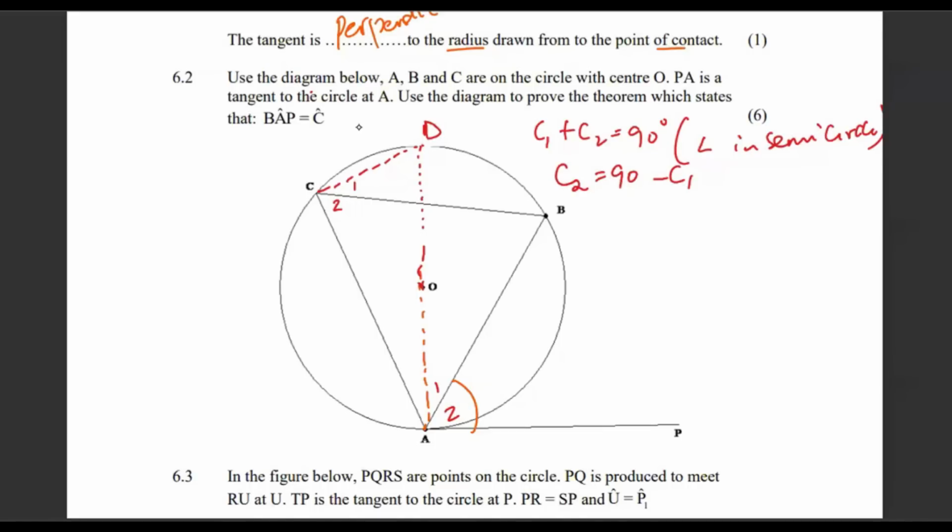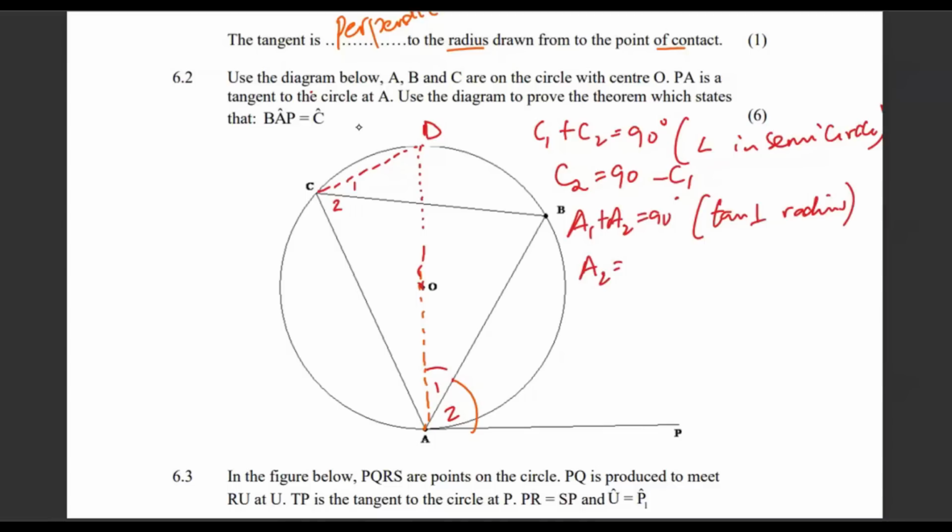then I'll come down also and say that A1 plus A2 must also give me 90. The tangent is perpendicular to the radius. Okay. Then my focus is now to get the A1. To say that, now let me get the A2.